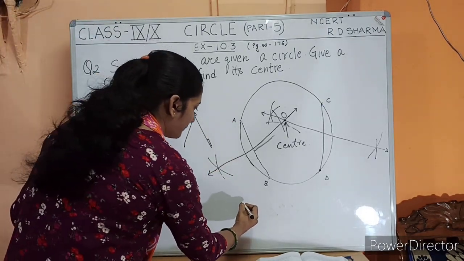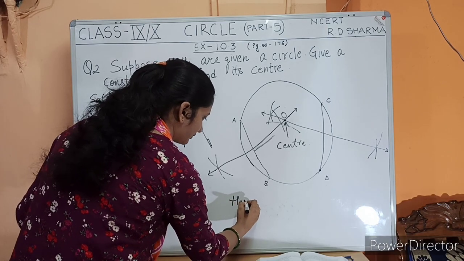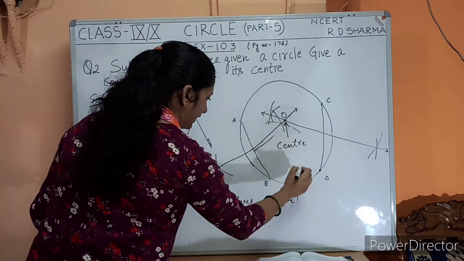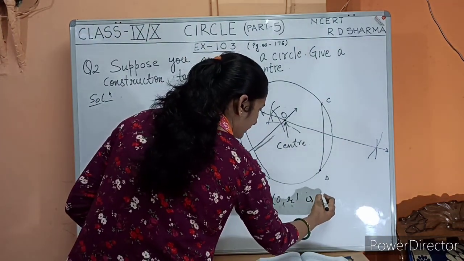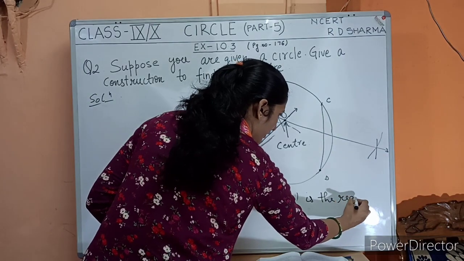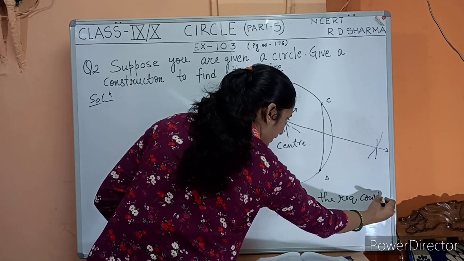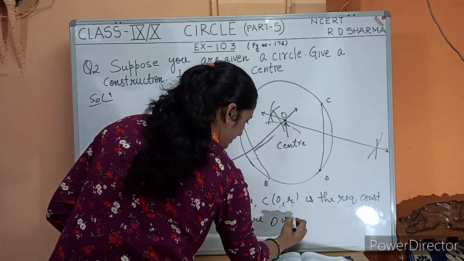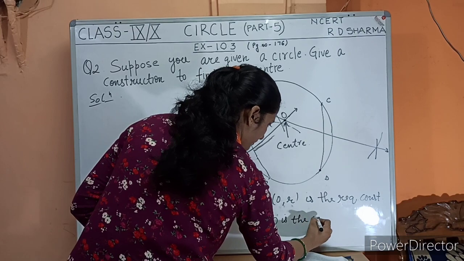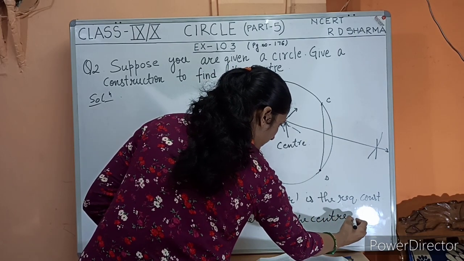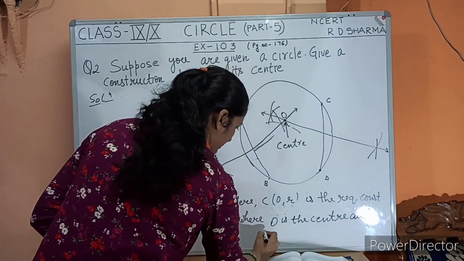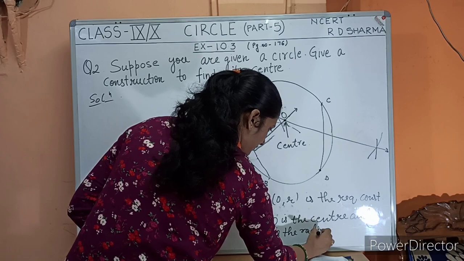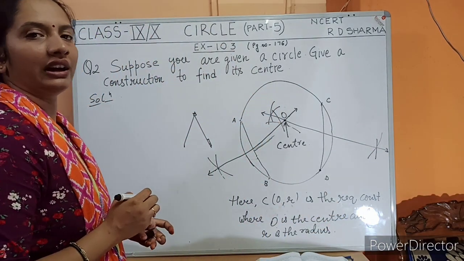So you may write here at the last, C, O, R. Let us suppose its radius is R. Is the required construction where O is the center and R is the radius. I hope you have understood this thing.